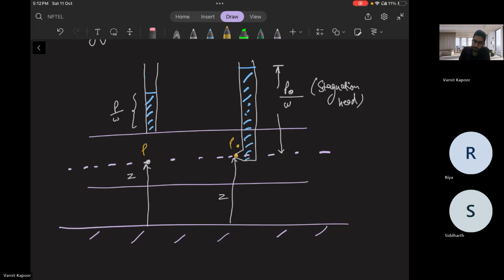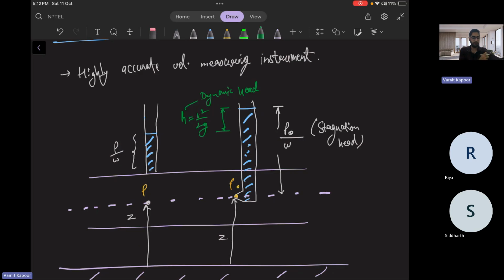and the difference of this is your dynamic head, H is V square by 2g. This is your dynamic head. All right.